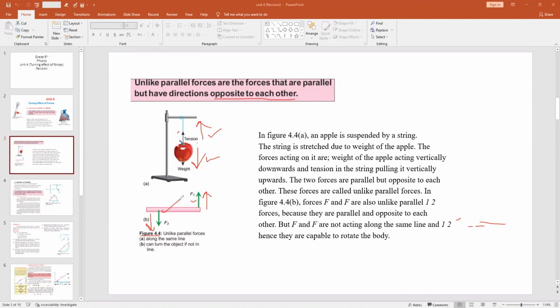You can also compare this example with a seesaw. If one person is moving in the upward direction, the other person on the seesaw will be moving in the downward direction. So in both cases, the forces applied on each end are parallel to each other, but their direction is opposite to each other.